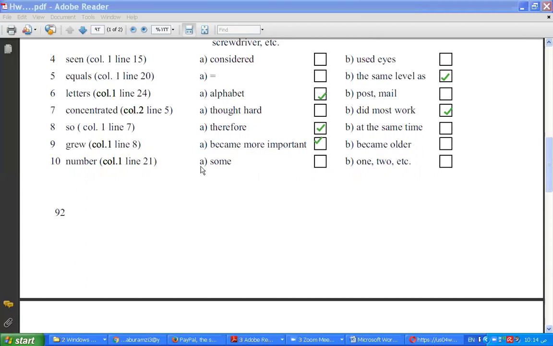True. Number means some, or one or two; a certain amount or group. When I say a number of people, I don't mean 1, 2, 3, 4, but some of them. Yes, this is the meaning.